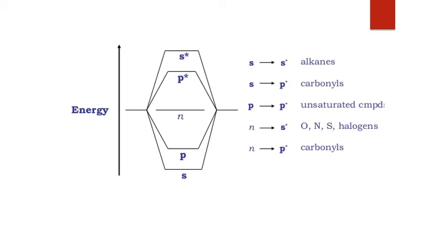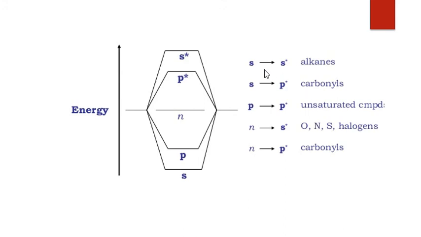Sigma has the minimum energy, then sigma star would have the maximum energy, and pi has a little more energy than the sigma orbital. Then its anti-bonding orbital would have a little less energy than the anti-bonding orbital of sigma.